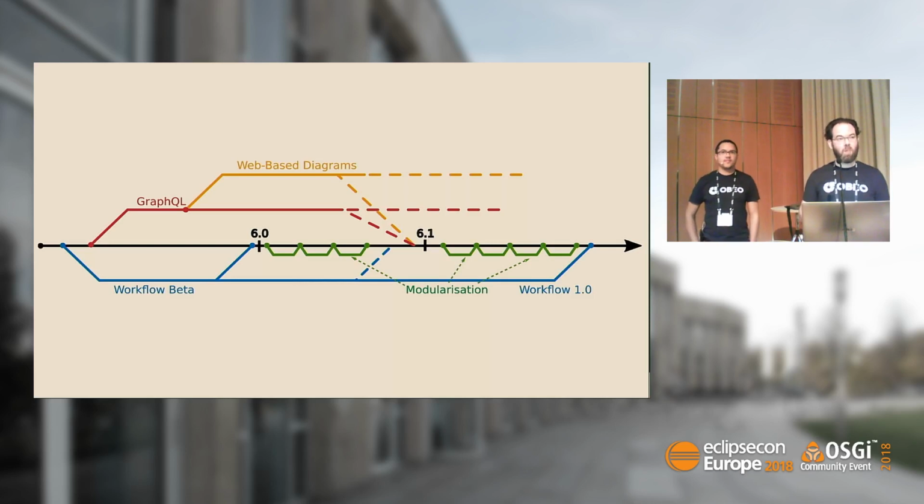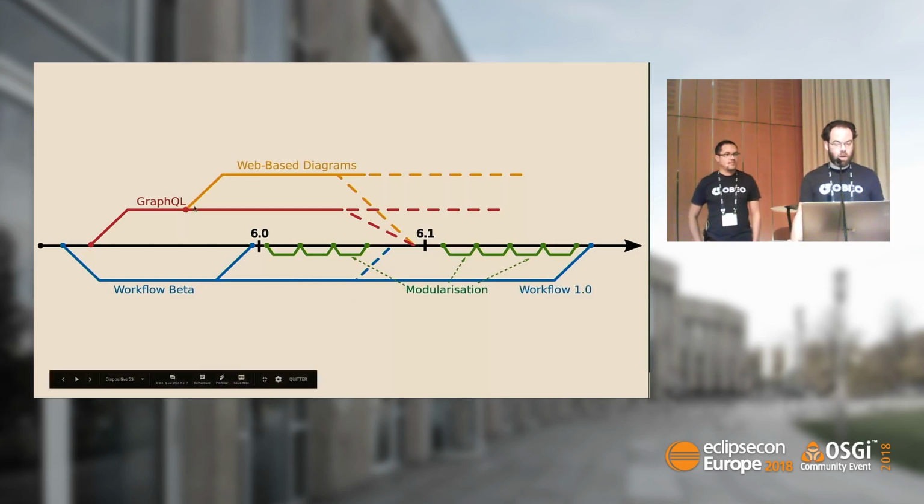And in parallel, we started experiments on the GraphQL APIs and more powerful HTTP services. This was complemented with web-based diagram experiments.